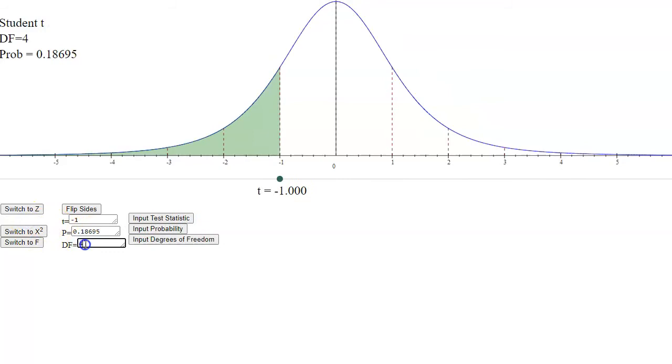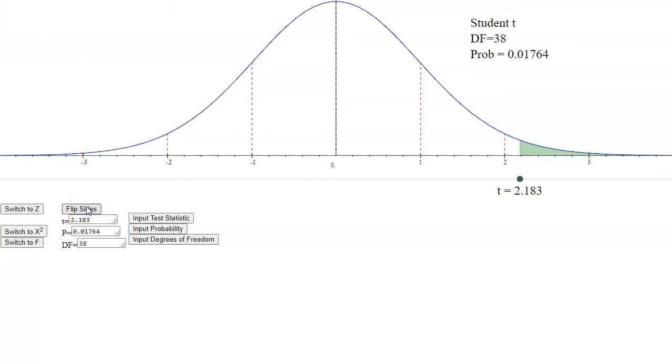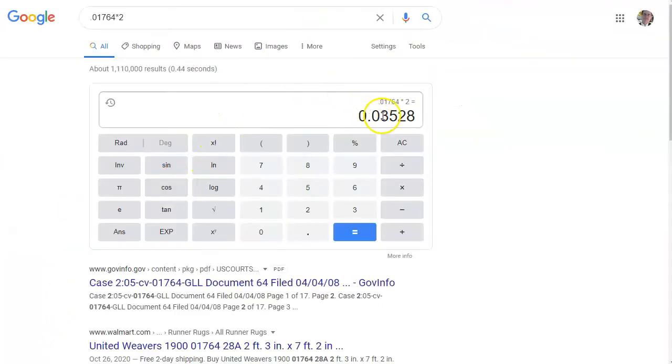If I go to the t distribution with 38 degrees of freedom, input my t-score of 2.183, flip sides, 0.01764, I need to double that, gives me an answer 0.03528.